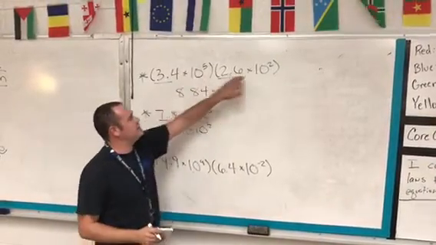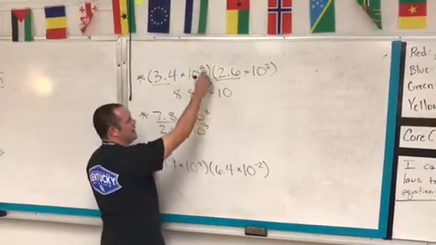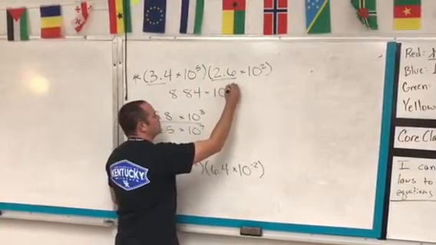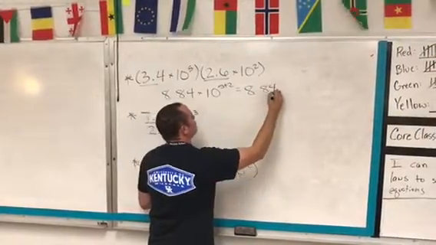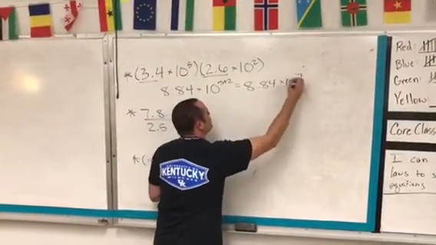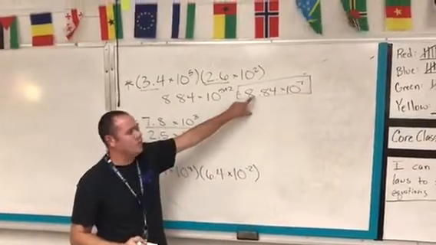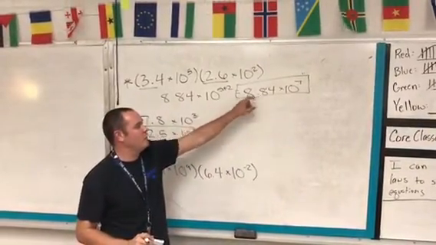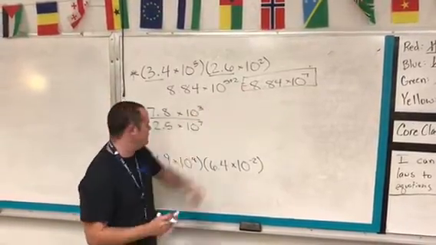Now, since these both have a base of 10, we're going to use our integer rules and just add 5 plus 2. And then I have a final answer of 8.84 times 10 to the 7th power. Because this number has one significant figure, then a decimal point, it's good. I don't need to change anything. This is in scientific notation.